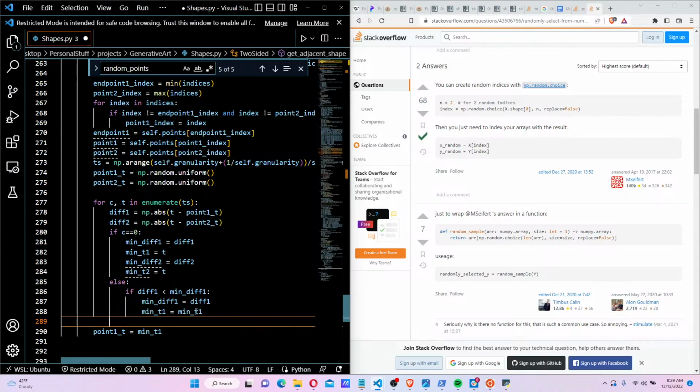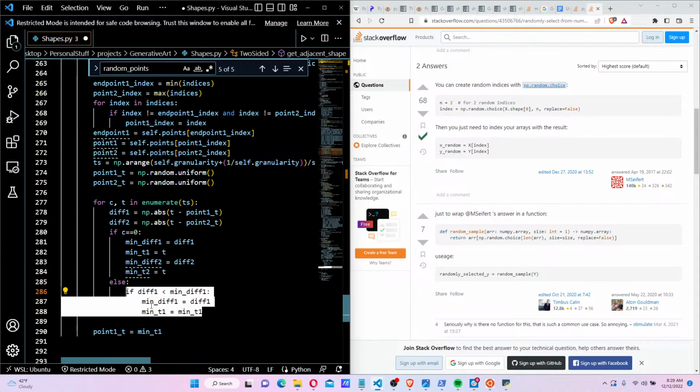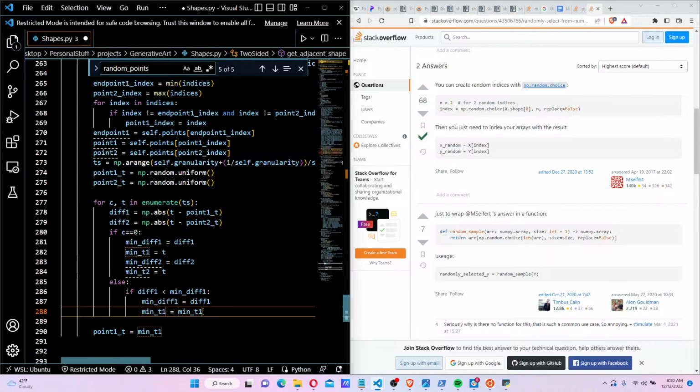If diff1 is less than min diff1, and so this is going to be the same thing, except with the two values.